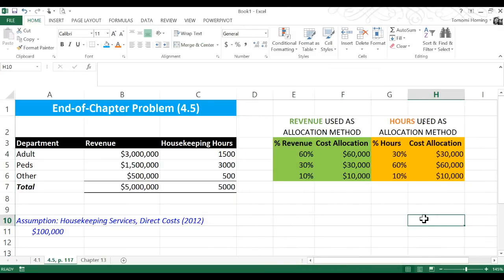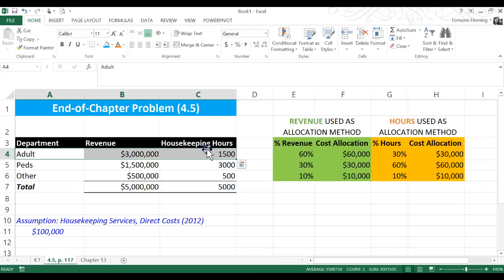So now what is the comparison or the implication based on which cost driver you use? Well, you can see here that if you're the adult department manager, you would most certainly prefer the cost driver to be based on hours utilized versus revenue.